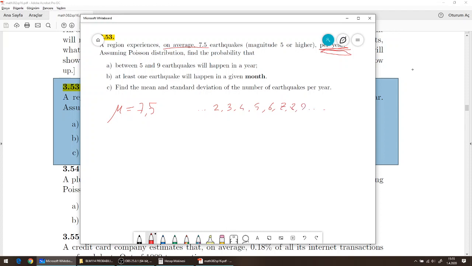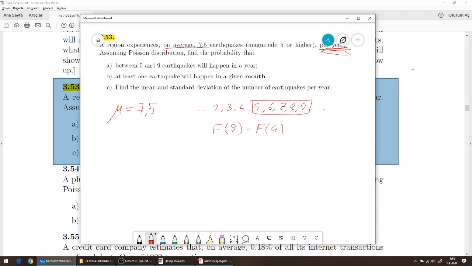Between 5 and 9 means this interval, and we can find it by uppercase F of 9 minus uppercase F of 4, as you see. Yes, mu is given. We will find uppercase F of 9 and 4.